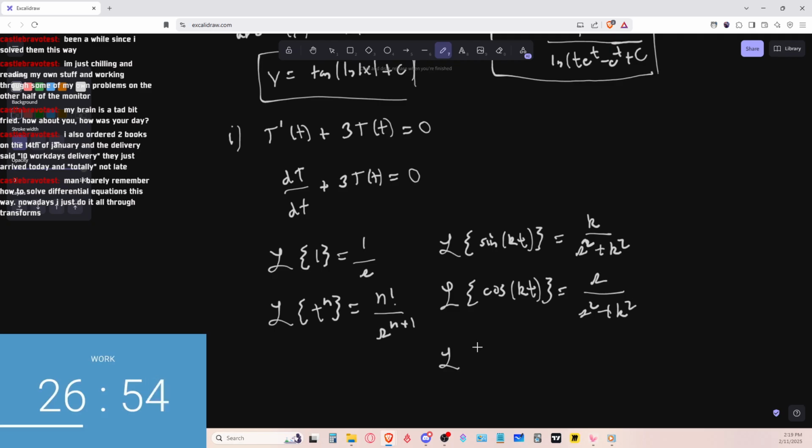Then we have the hyperbolic ones, so that would be k over s squared minus k squared, and then cosine hyperbolic.